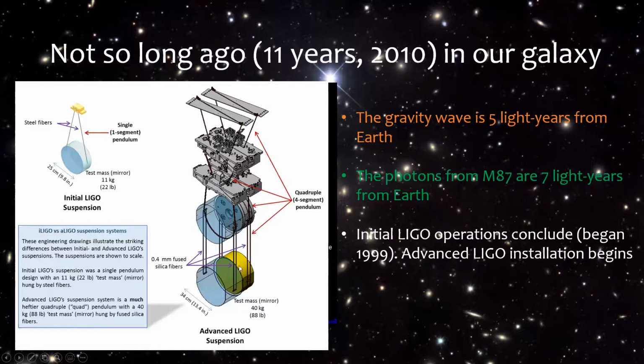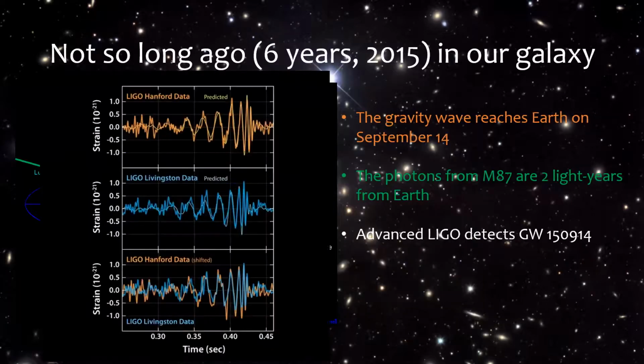If there's a car driving along the road, that's going to create rumbling as well. They have to be able to distinguish between those kinds of things and an actual signal, which is not going to be very strong. The strains here are on the order of 10 to the minus 21, which is incredibly small. So think of the strain as a relative change. So 1 part in 10 to the 21 is how it changes.